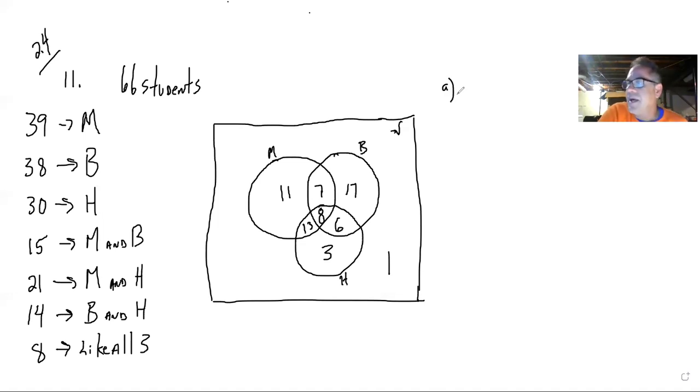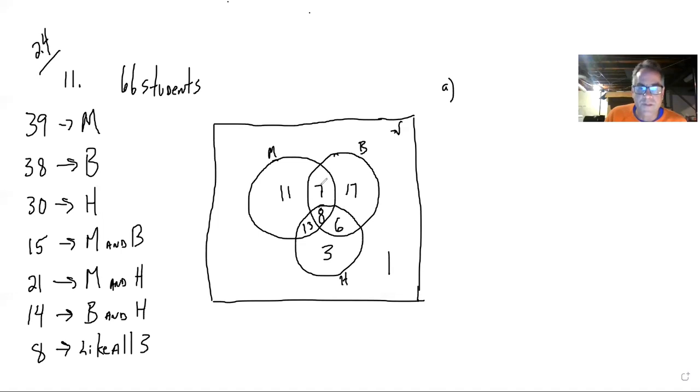First question is, how many of these students like exactly 2 of these composers? Since it said exactly 2, we wouldn't count these guys because they like 3, and we wouldn't count these guys because they only like 1.